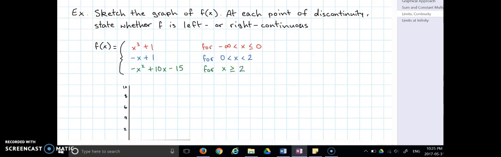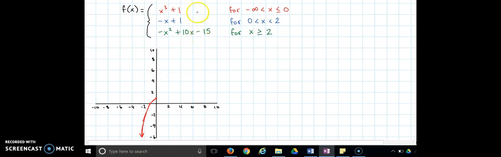Our first step is to graph x to the power of 3 plus 1 when x is larger than negative infinity and smaller than or equal to 0, which I've done here. This line goes all the way till x reaches negative infinity and stops at 0.